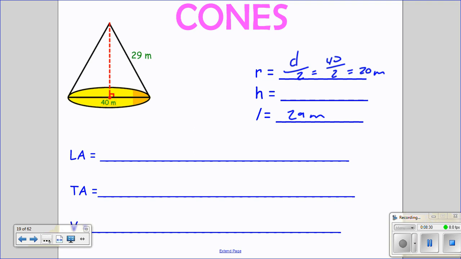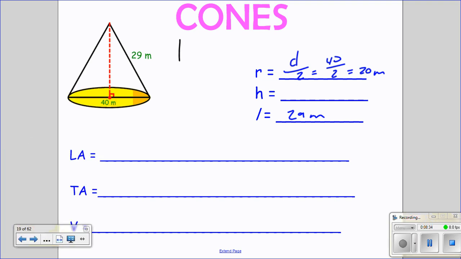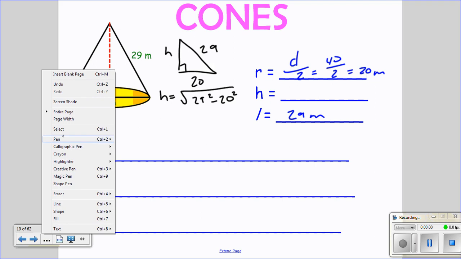But to find our 3D height, we need to use Pythagorean's theorem. The red line represents the 3D height. So that's what we don't know. We have our slant height, which is 29, and then our radius, which is 20, would be the bottom of our right triangle. So to find our 3D height, the shortcut would be take c squared, which is 29, minus a squared, which is 20. And let's grab our calculator.